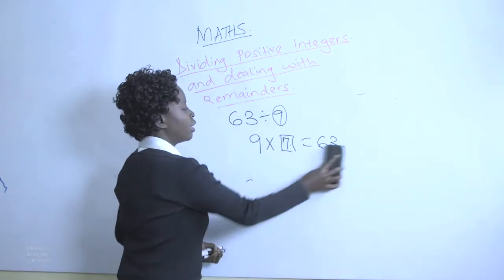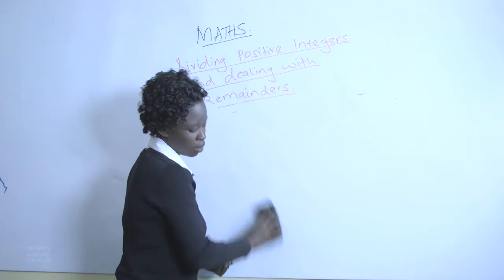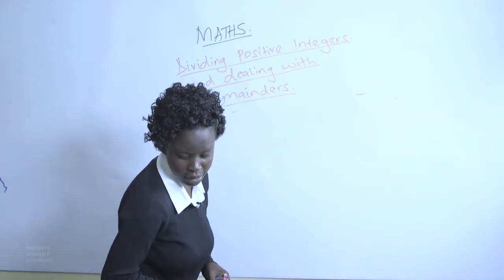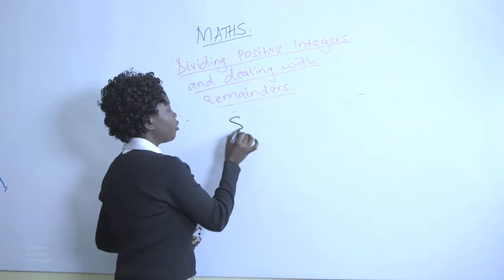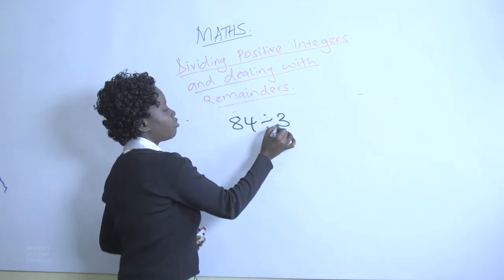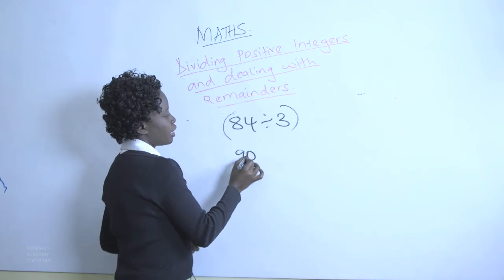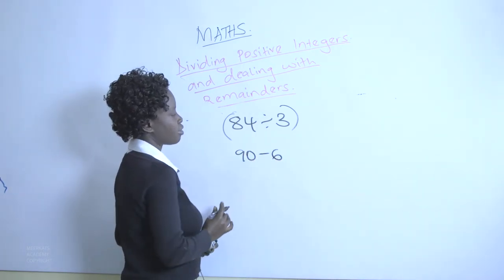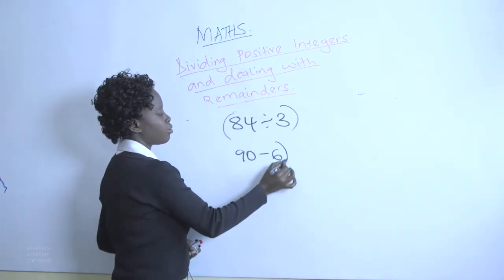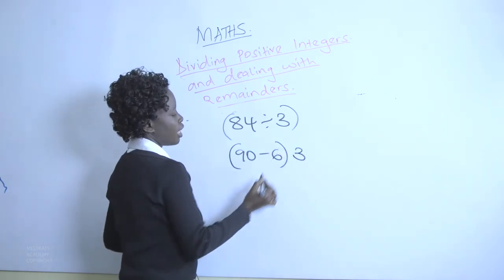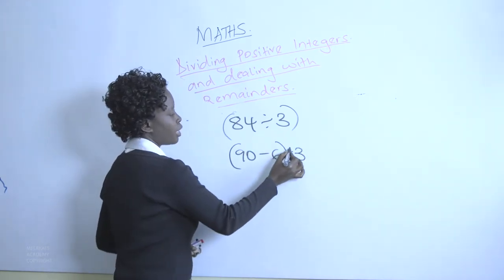An example is a digit like 84. When we have 84 divided by 3, I can adjust this by having 90 minus 6. 84 is simply the same as 90 minus 6, so that I'll have 90 minus 6 divided by 3.